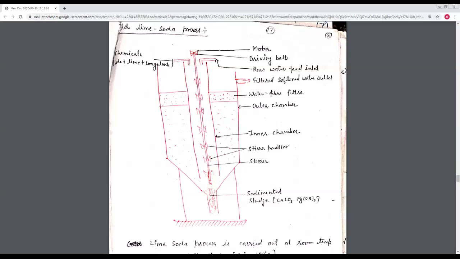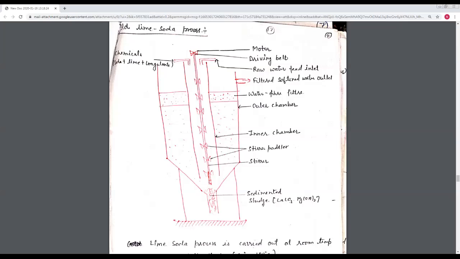After completion of the reaction, the soft water comes into the outer chamber. Here in the outer chamber there is a wood fiber filter present. Many heavy impurities are found in the sludge form.